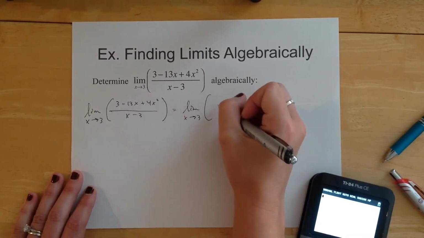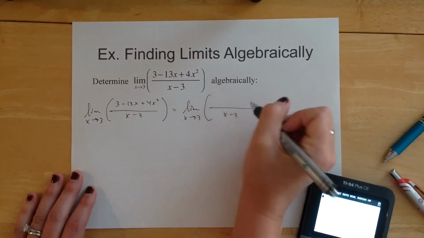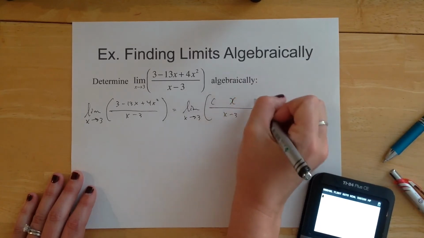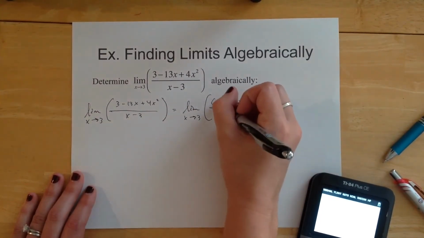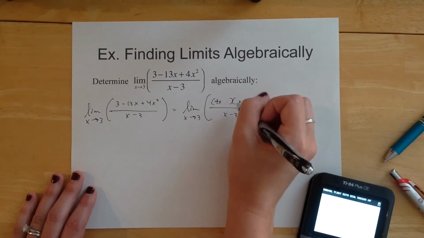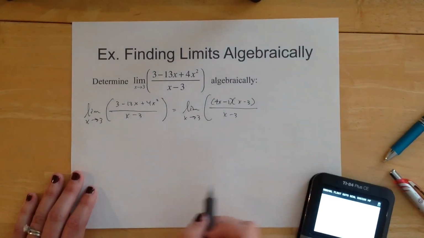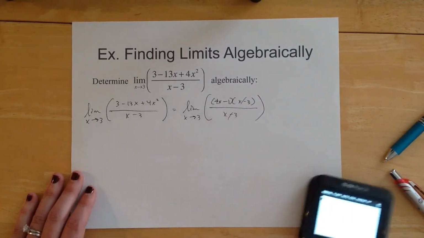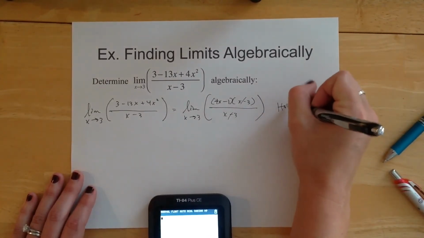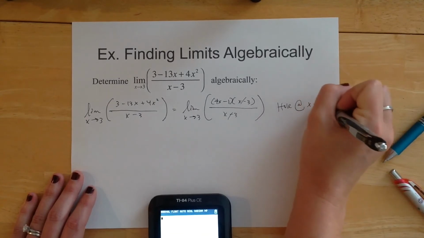I see that this has a leading coefficient of 4, so this one has to be 4x minus 1. Okay, so there's a hole at x equals 3.